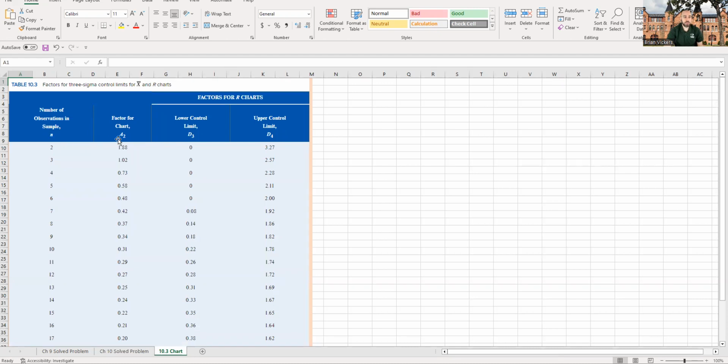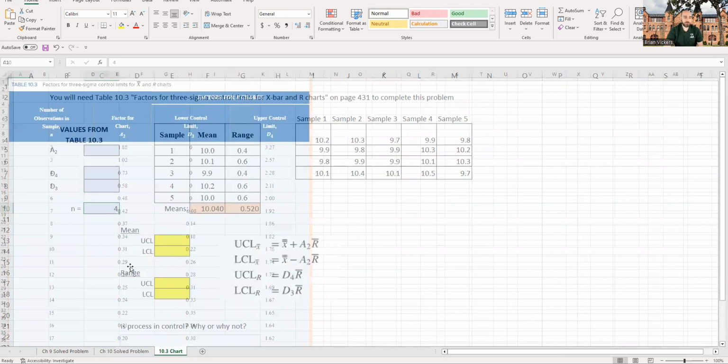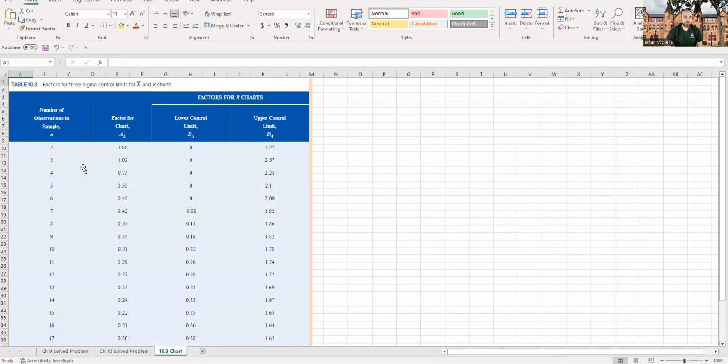And this tells us what values we should use for A2, for D3, and D4. What do those mean? Well, you just plug them into these formulas, and they help us determine that. So 4 observations, I look for number of observations in a sample, 4, and the factor for chart A2 is 0.73.